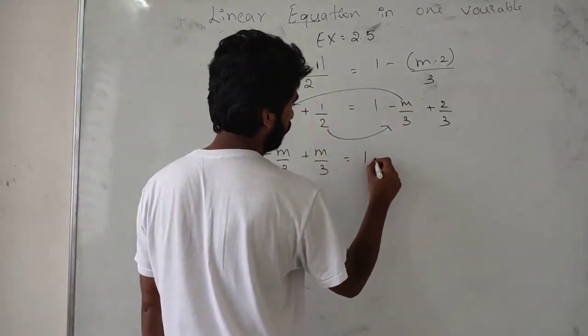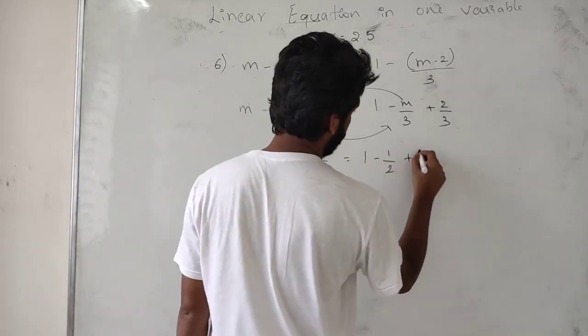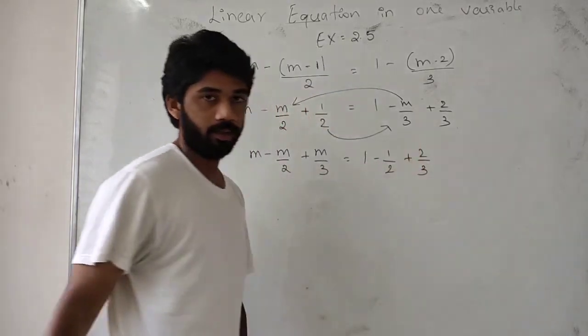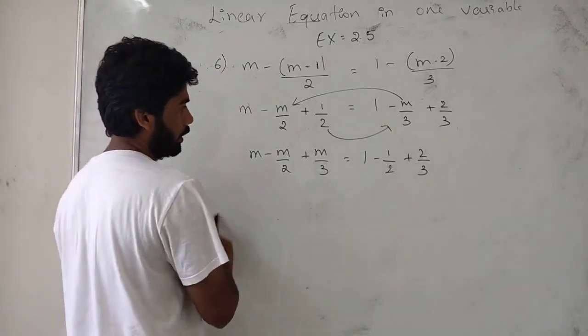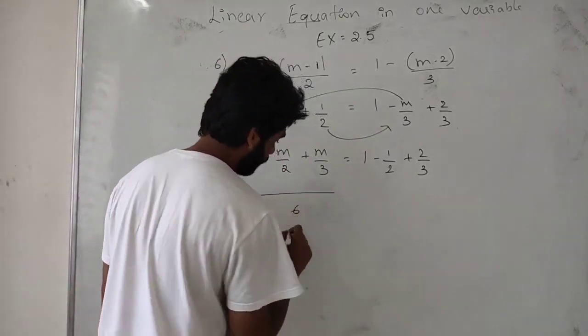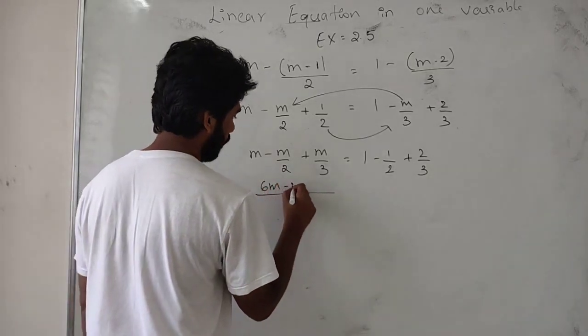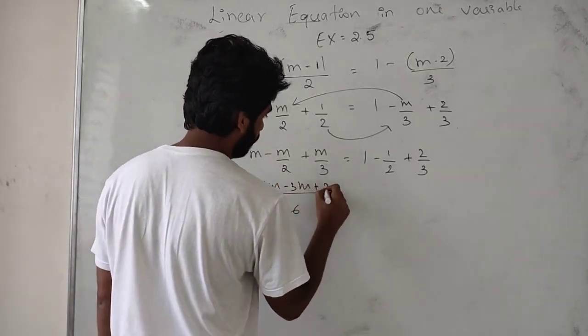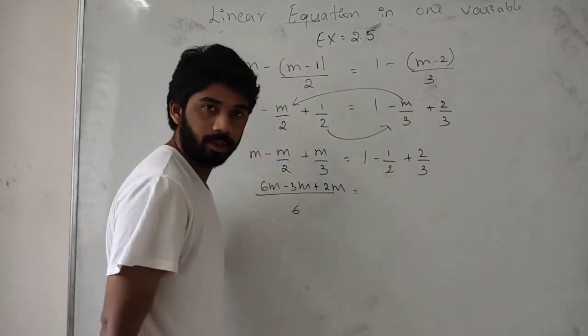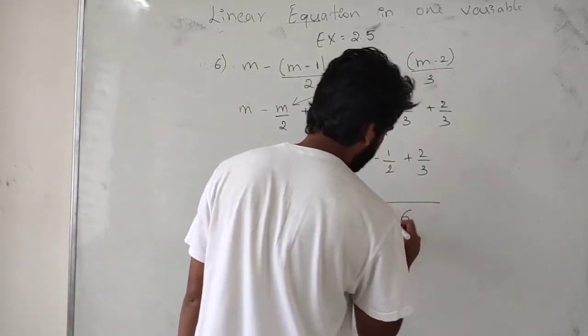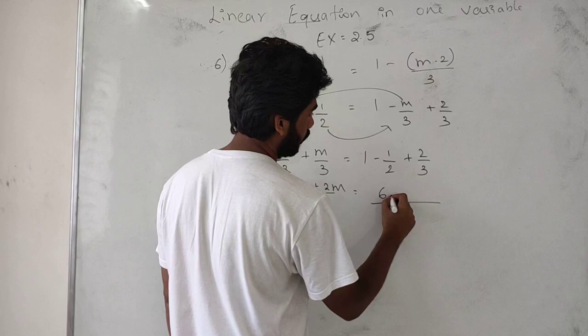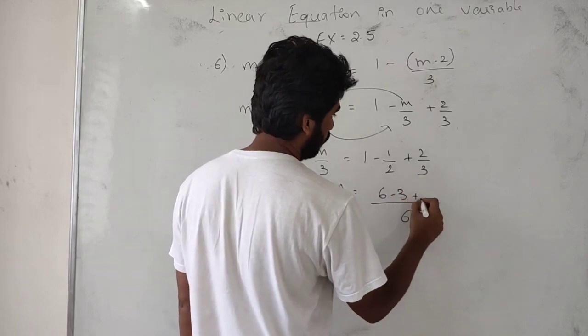So I will get 1 minus 1 by 2 plus 2 by 3. Now here I can take the LCM as 6. So here I will get 6m minus 3m plus 12. Now I can take here LCM as 6. So I will take 6 minus 3 plus 4.